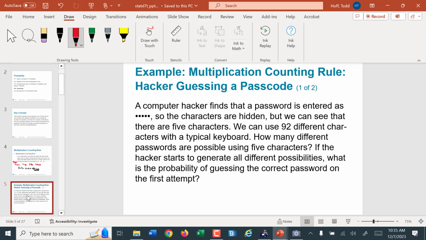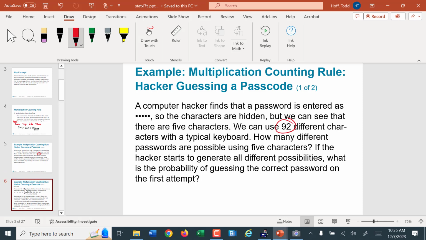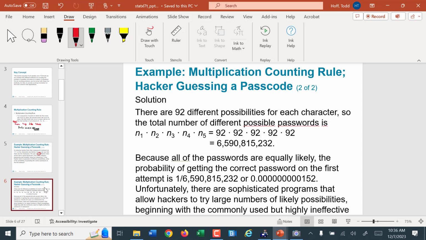The example the textbook uses is trying to guess a computer password where we use all the characters on the keyboard. A standard keyboard has 92 options. That's your letters, both capital and small, your numbers, your symbols, and all that. If we have a 5-character password, the number of possible passwords is 92 possible characters for the first element, 92 for the second, 92 for the third, and the fourth and the fifth.